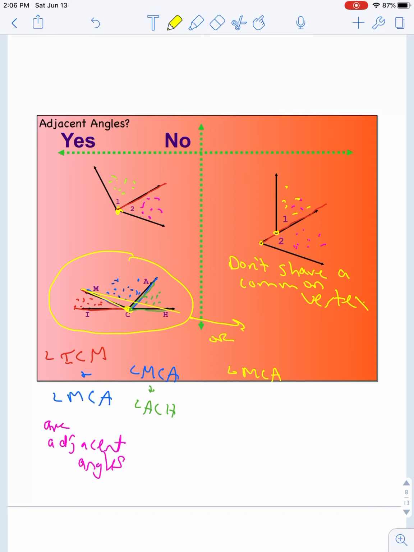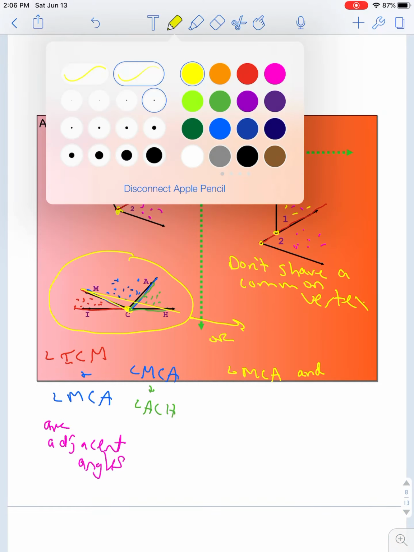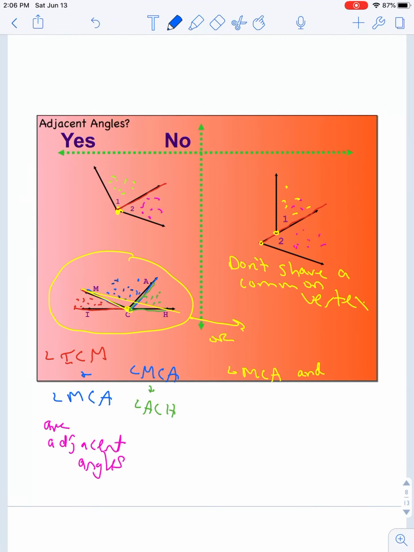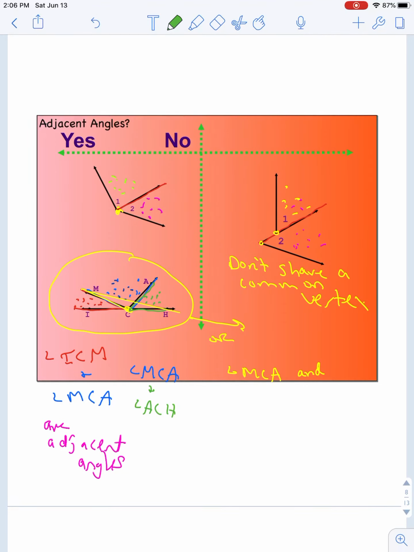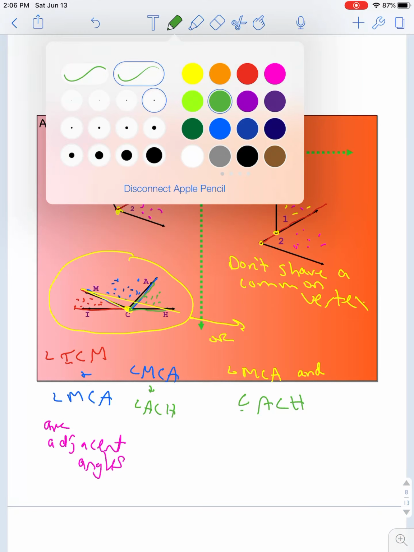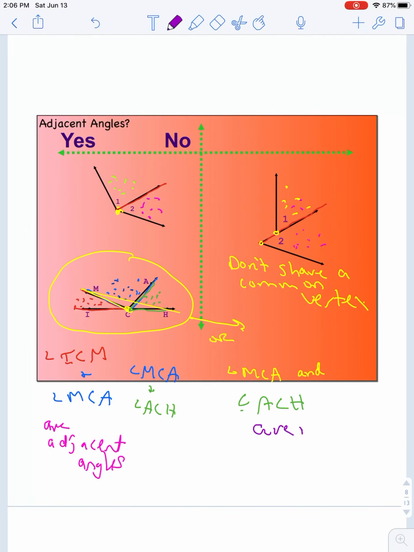So angle MCH, and we'll go back and use one that we have used, angle ACH. That's this one right here. They're not adjacent. Can you figure out why?